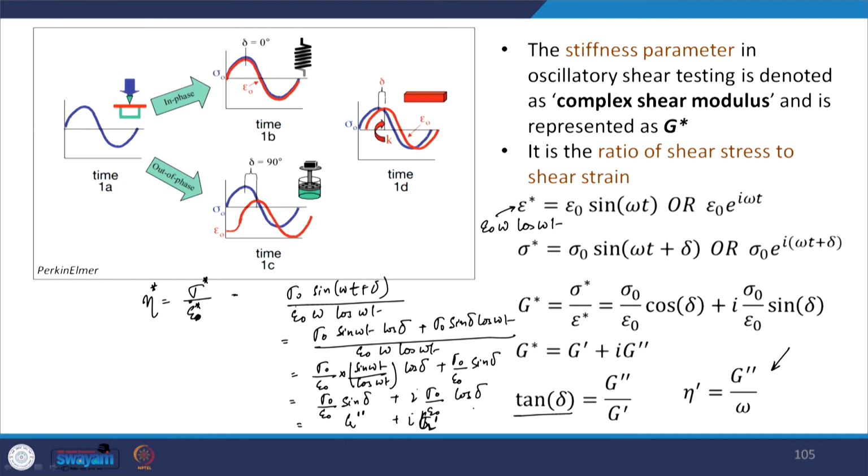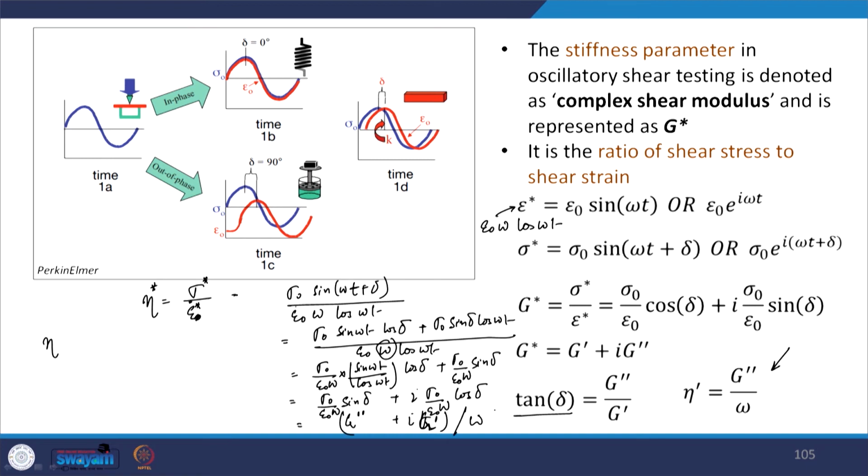Therefore, what we get here is eta star. Of course, one thing is missing: the entire thing has an omega with it, so this expression is actually divided by omega.